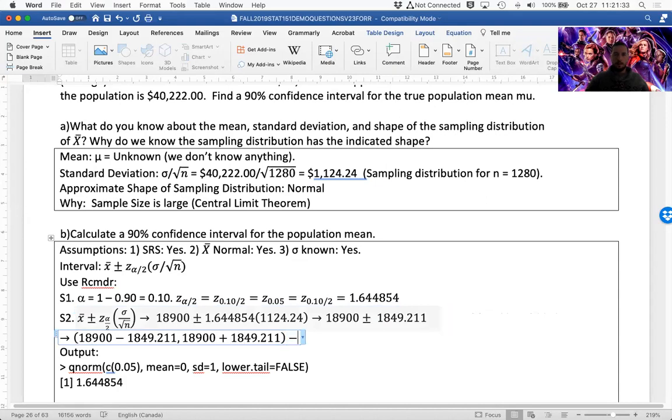And then that should give us an interval of the following form, which I will boldface here, which is, 1 second, Rebecca, sorry, I just saw that. 17,050.79, comma, 20,749.21.